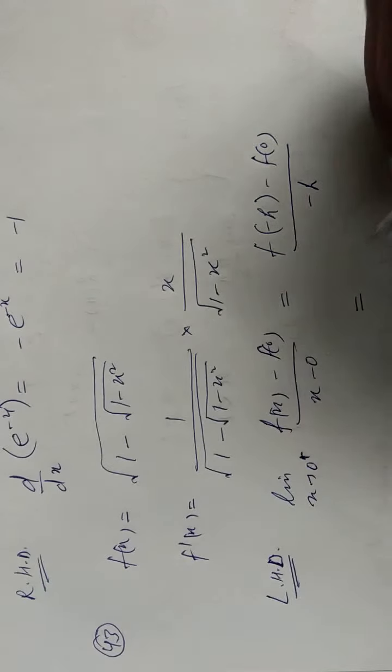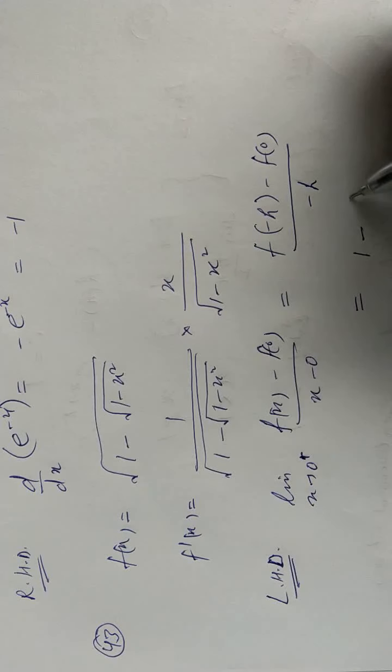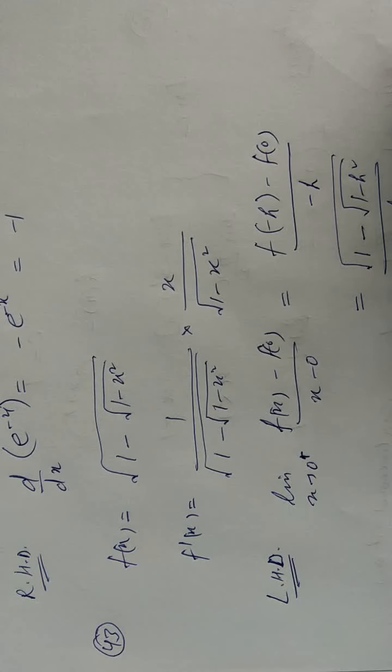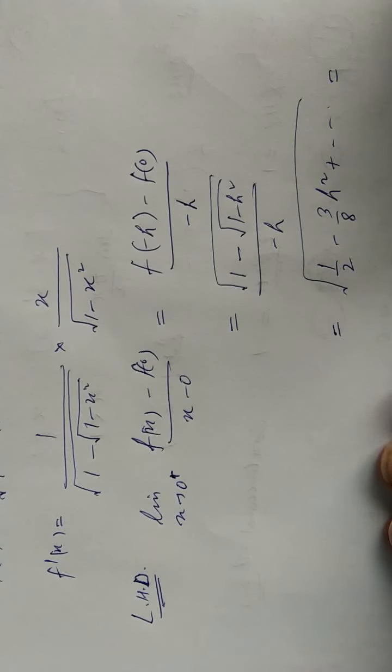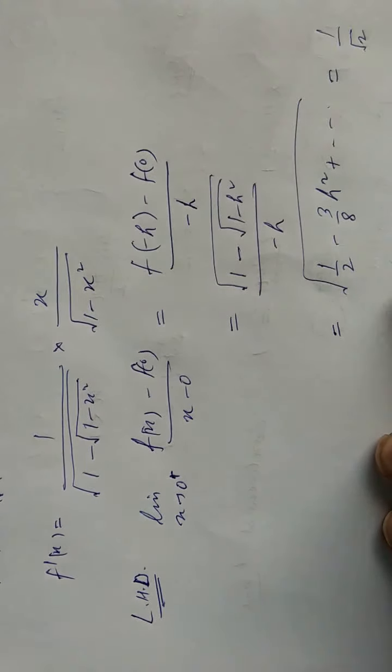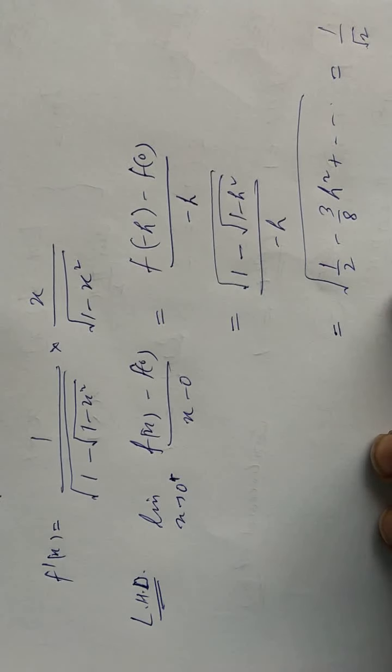This would be root of 1 minus h square upon minus h. Use expansion and we'd get half minus 3 by 8 h square plus and so on, limit h tends to 0, which becomes 1 by root 2. Similarly, you can calculate RHD as well.